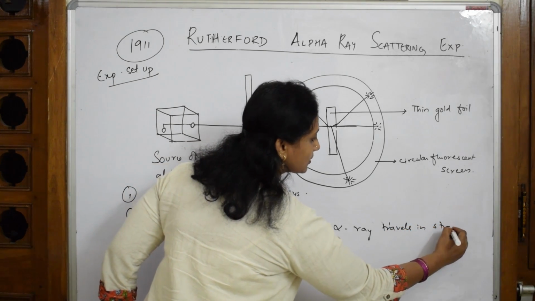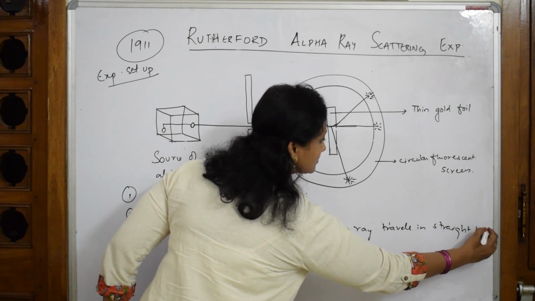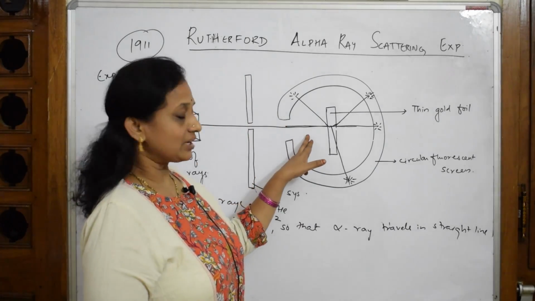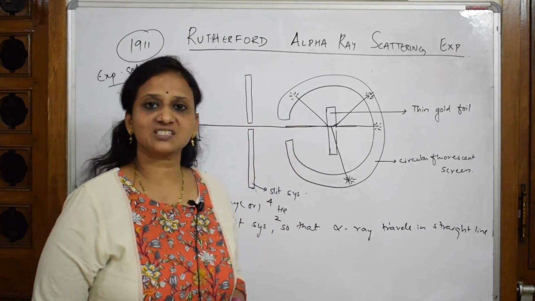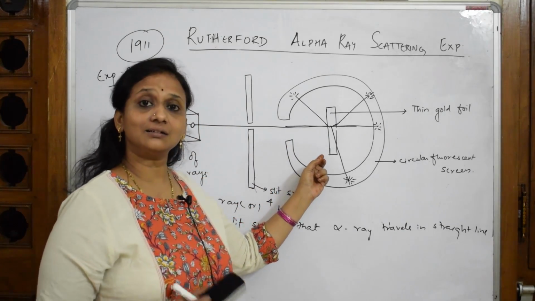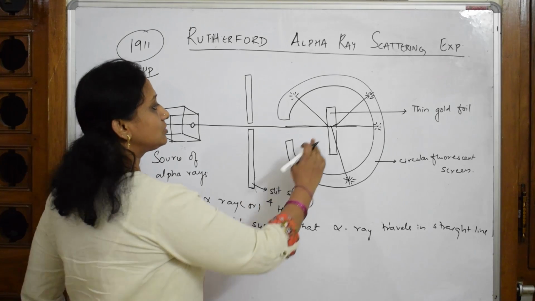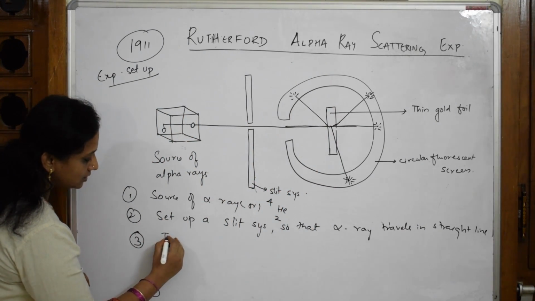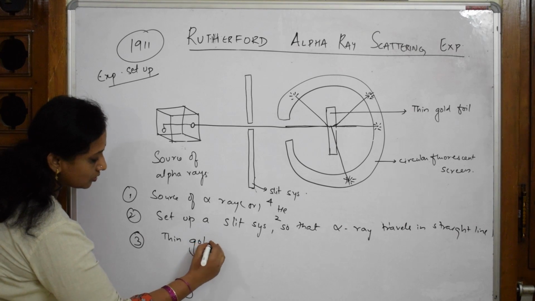Okay, this is also over. After this ray, he provided the next important thing for the ray to hit. We are studying the structure of the atom, so for that he took a thin gold foil. So let us write thin gold foil.